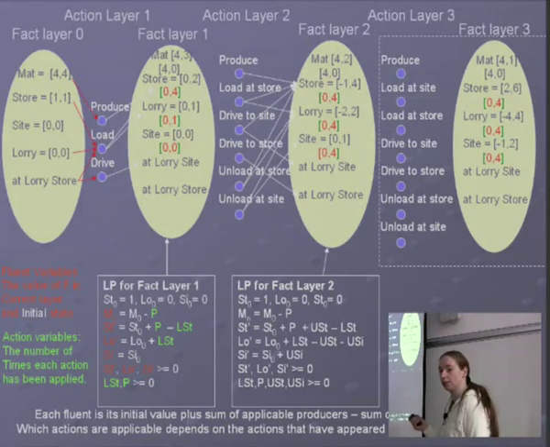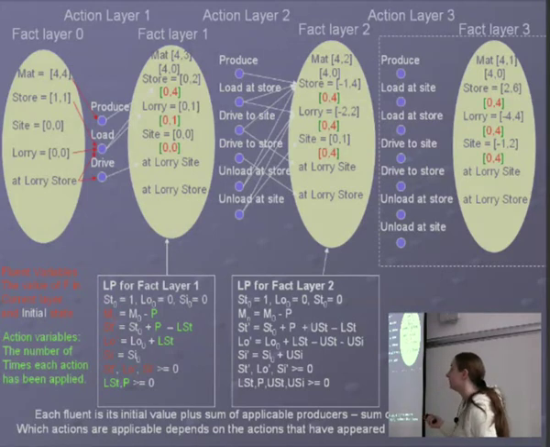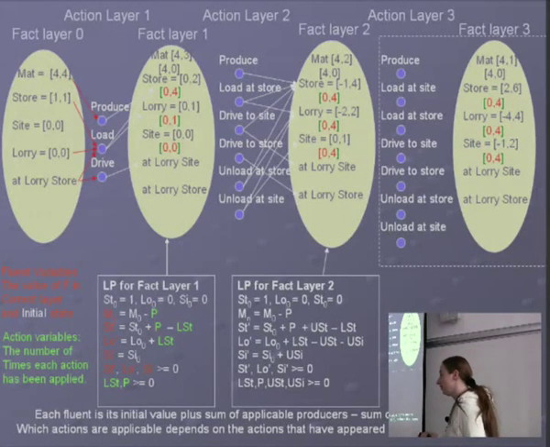we get some more actions being applicable. Now we can load, we can drive. Oh, and which ones are? Unload at the site, we can unload at the store. So these are two new actions which we can apply. So these then come in the LP, whichever actions they affect.